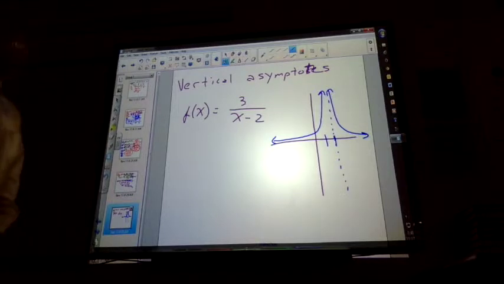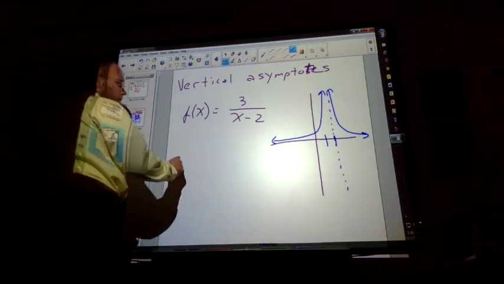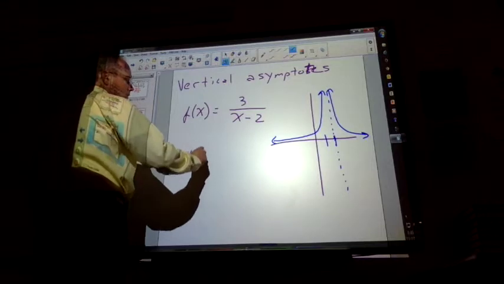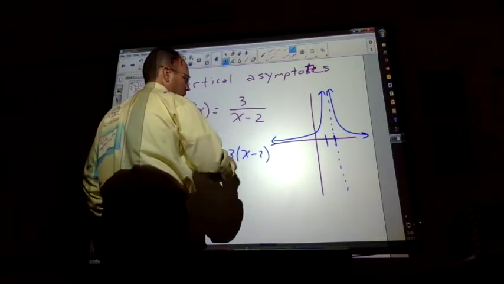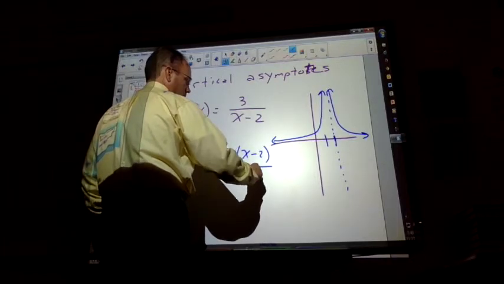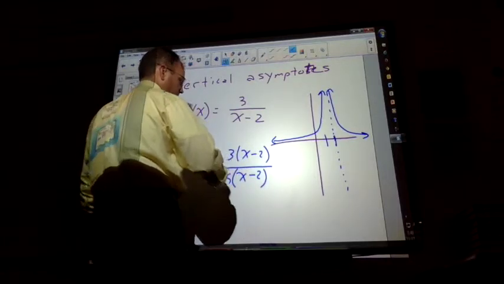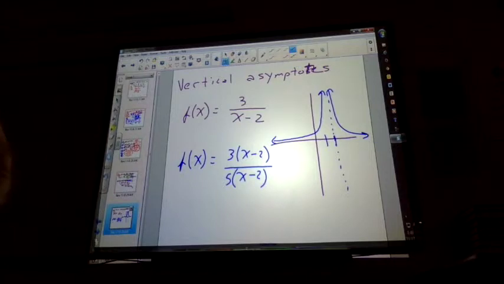Now, I want to do a similar problem, and I want to have this. Any ideas what this looks like? It's a line. Good. Slope. There is a hole in it.